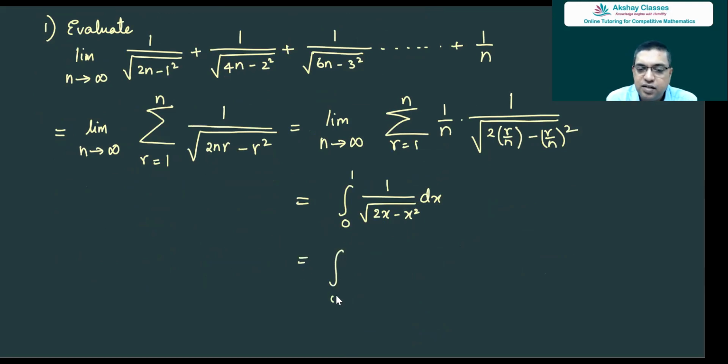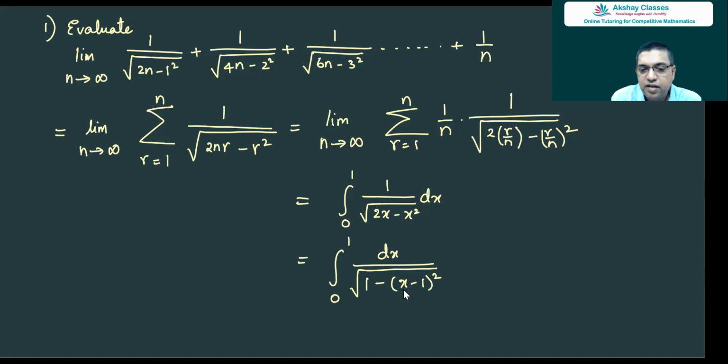Now we can simplify it further in standard forms. This is x minus 1 whole square with a minus sign. Add and subtract 1. You will get 1 minus of x minus 1 the whole square. You see here?